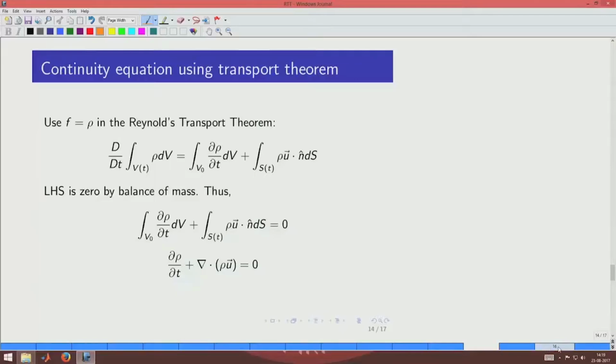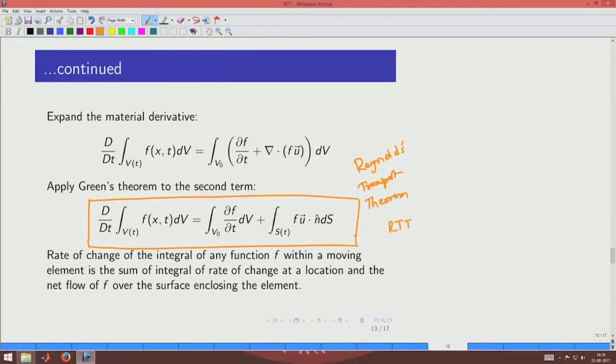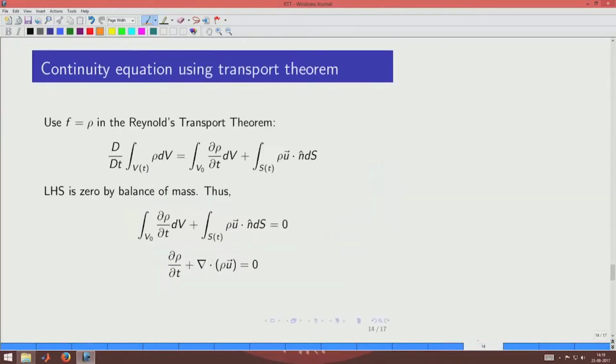One application is what happens if that small f is nothing but the density itself. So, small f is a density. Here you put a rho and here you put a rho. The same expression is written. Now, the left hand side gives you the material derivative of the mass of the particular control volume which is moving, and that is expressed as two parts: the change of the density at a particular location and the flux of mass around the control volume at which we are evaluating this.